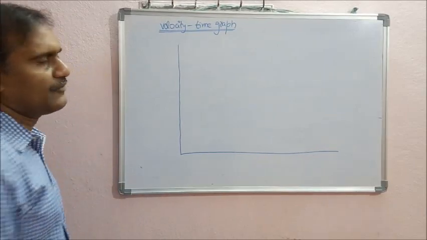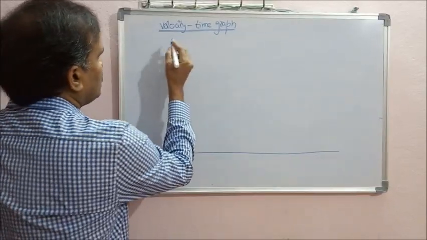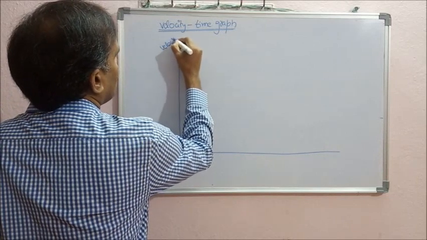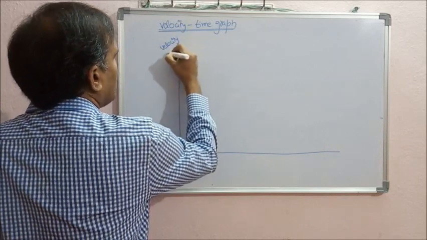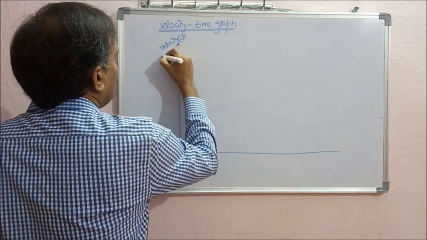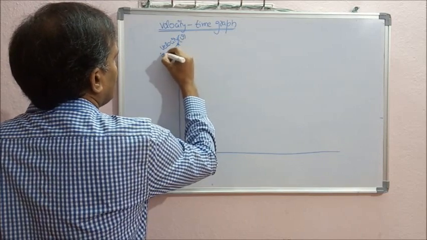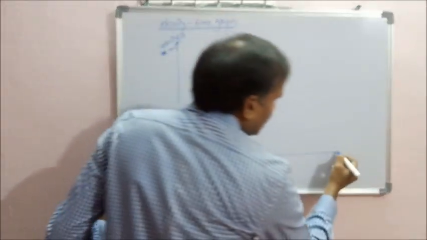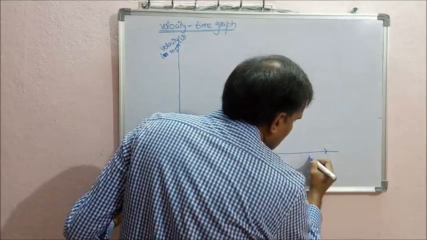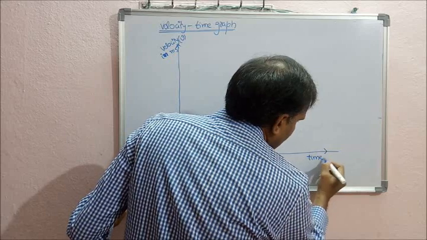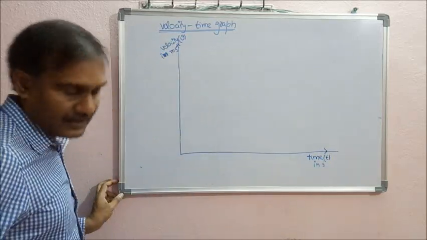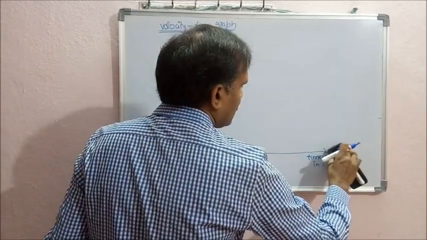Now you can plot the graph in this manner. Along this axis, velocity, which is in meter per second, and time interval, which is in seconds.